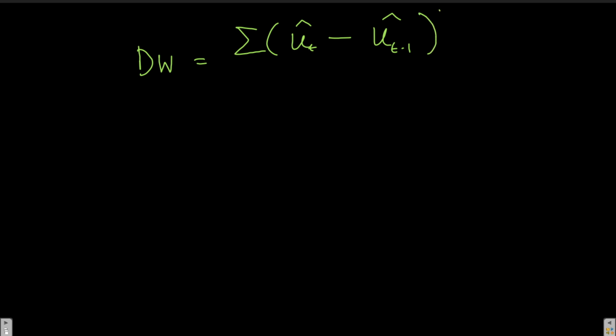I take the difference between these consecutive terms and square them, and in the denominator I will have only ut hat squared.